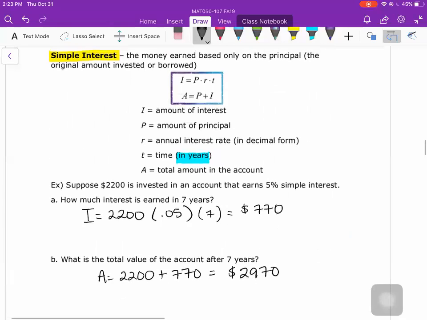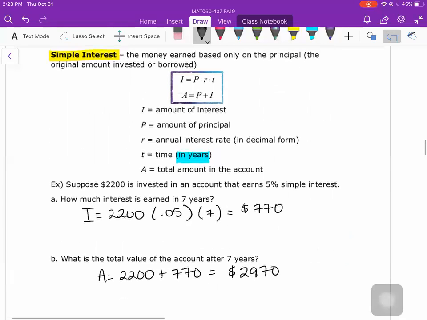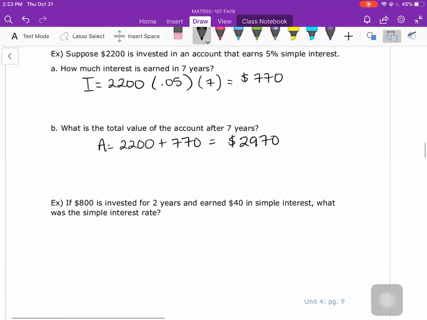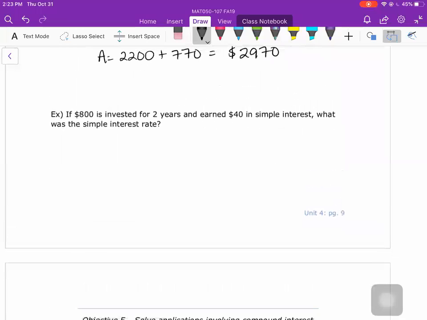Which formula are we going to use? I equals PRT? Do we know what our principal is? Yep. We don't know what R is. What's T? 2 years, yeah, right. And what's that 40? 40 interest.